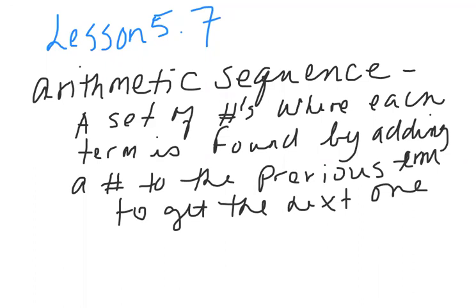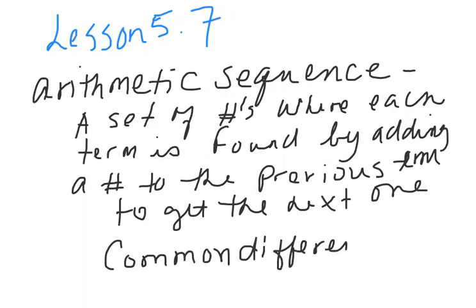Now, this number which is added to each of the previous terms to get the next one is referred to as the common difference. And to reference this, we use the variable D. So that number that we keep adding over and over again to get to the next terms in that sequence is called the common difference.